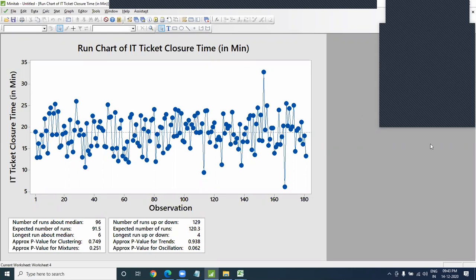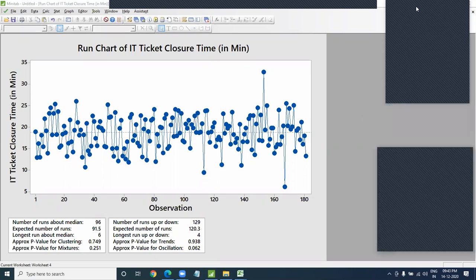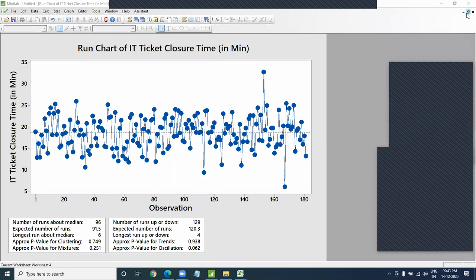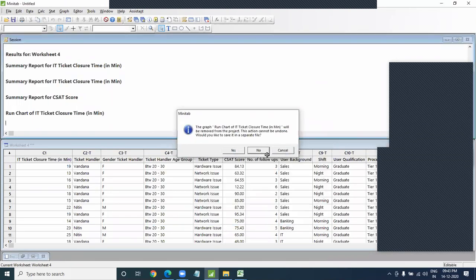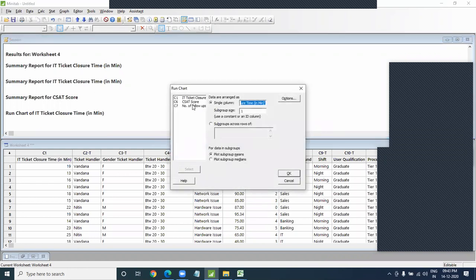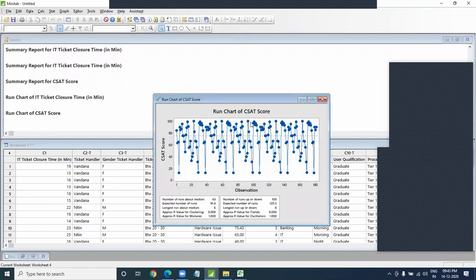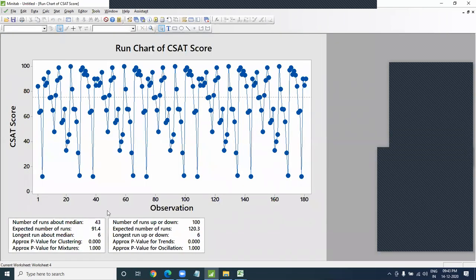Let's have a look at another example so that we know how a non-random data looks like, so that we can differentiate between them. Let's quickly look at this. Let me change this to CSAT score. Well, that's a non-random data. Look at this. P-value for clustering less than 0.05.